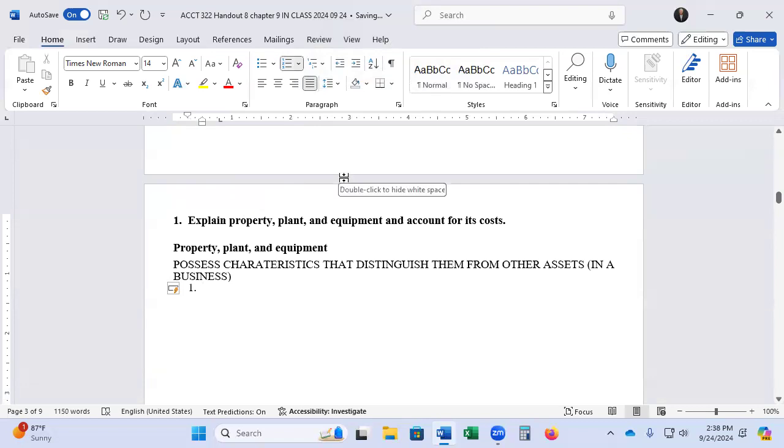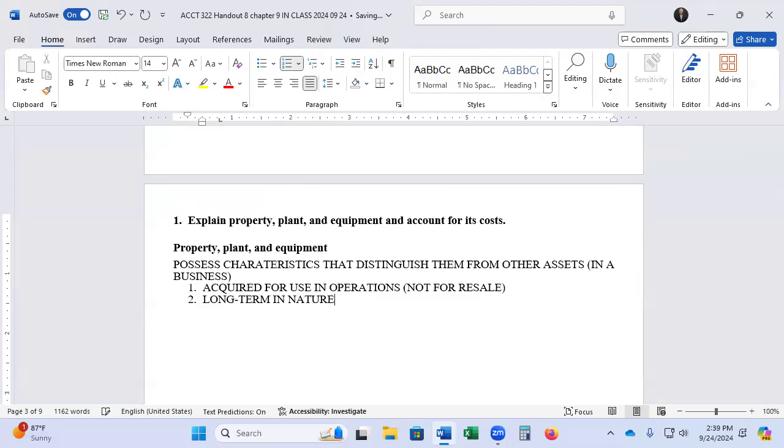And so it's acquired for use in operations. And just a reminder, not for resale. Long-term in nature and usually depreciated.